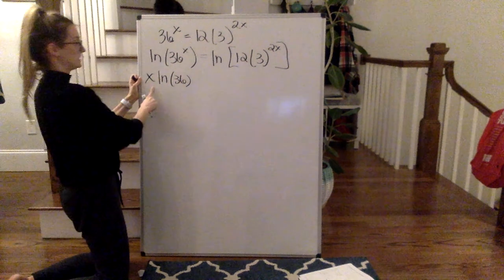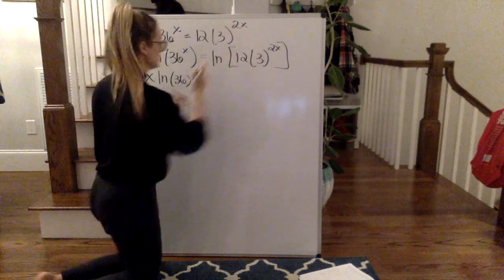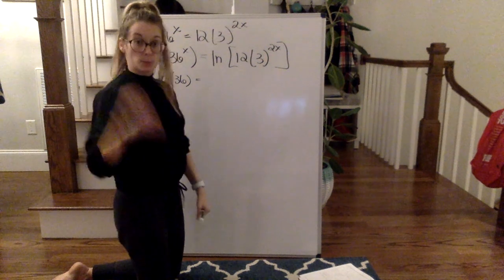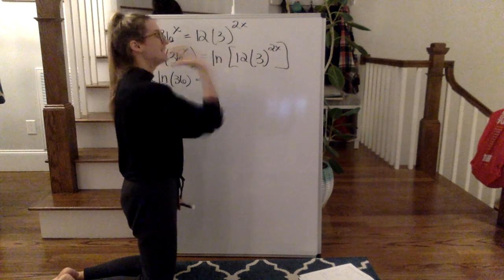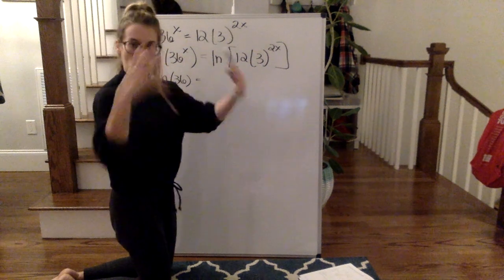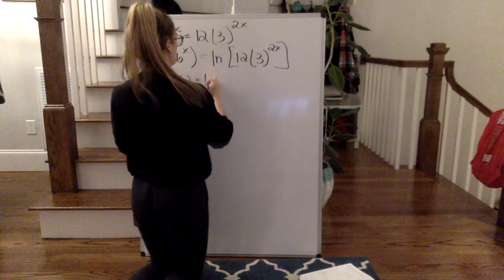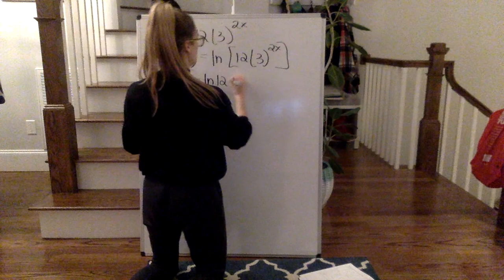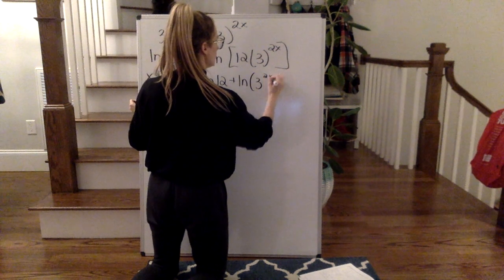So that x drops down, this becomes x times ln of 36. And here, let's think back to our product property. When you have a product of two things, this is 12 times 3 to the 2x. A product inside a log, split it apart, turn it into a sum. This is going to be the ln of 12 plus the ln of 3 to the 2x.